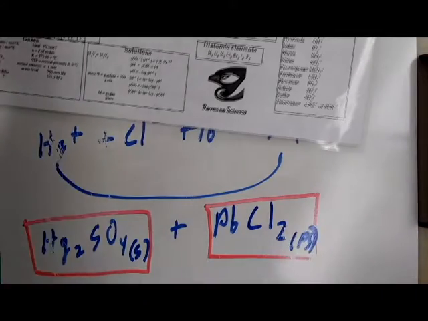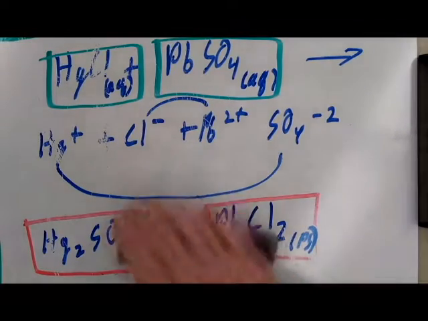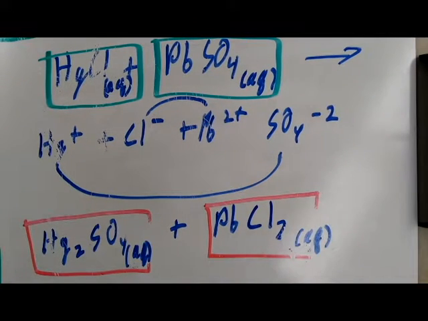Now, the reason why this is important, in this case the reaction did work out because we ended up with something that's different than what we started with, but just hypothetically, if this had not been a solid here, let's say that had been aqueous, and this had also been aqueous, what would we have ended up with?